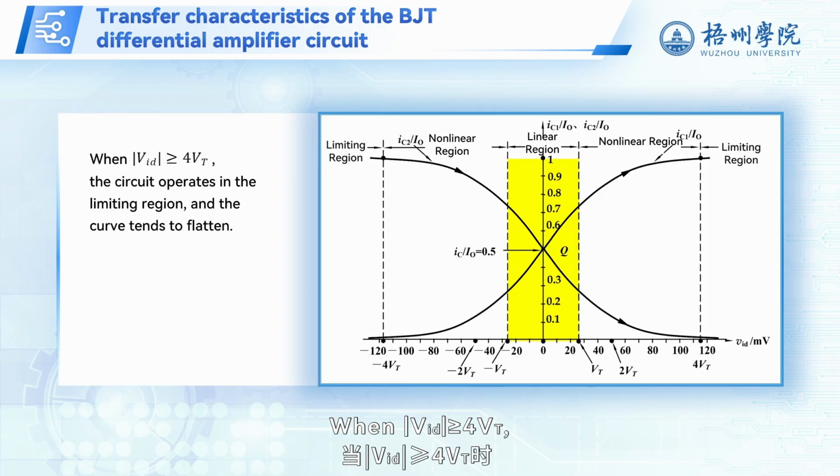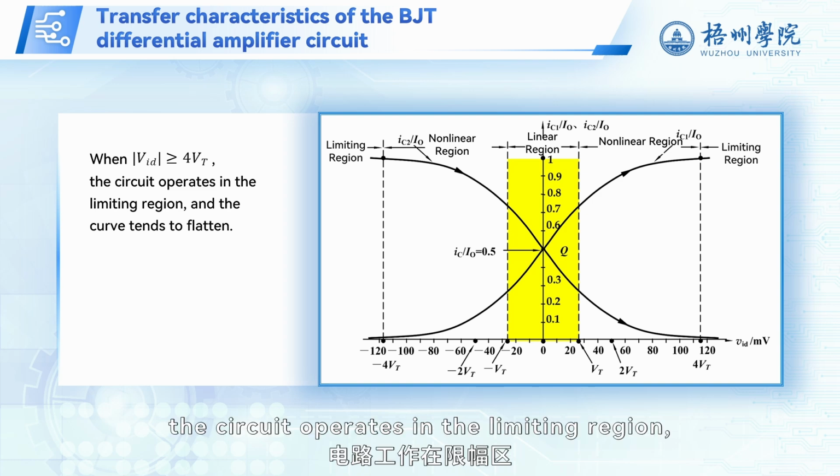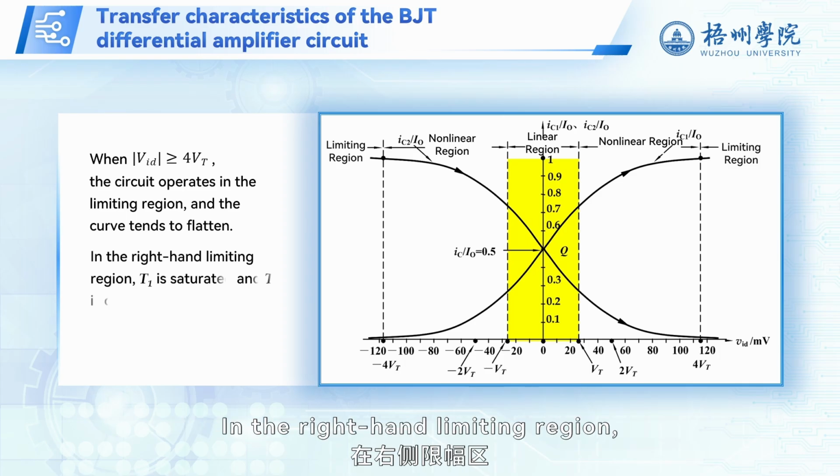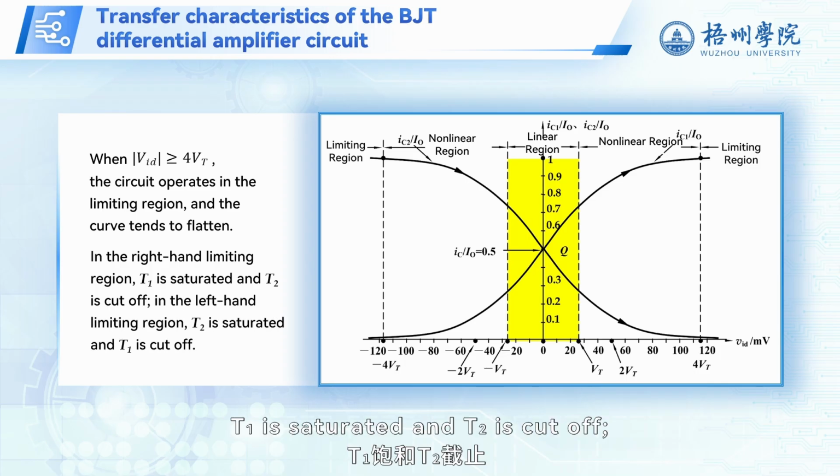When the absolute value of V_ID is greater than or equal to 4V_T, the circuit operates in the limiting region, and the curve tends to flatten. In the right-hand limiting region, T1 is saturated and T2 is cut off. In the left-hand limiting region, T2 is saturated and T1 is cut off.